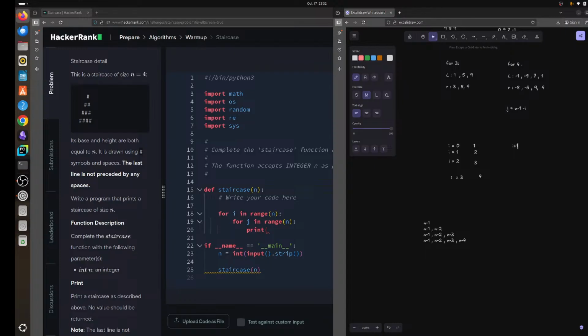So when i equals 1, no, sorry, it will print not n minus 1 but n minus i minus 1, right? Yes. So the condition will be if j equals n minus 1 minus i, right? So j equals 0.